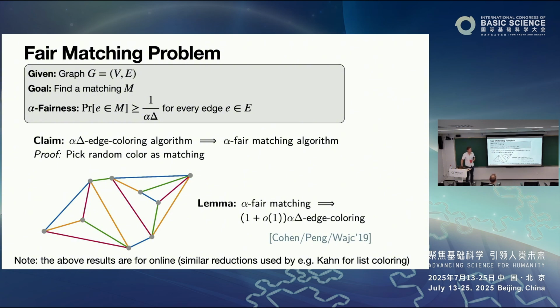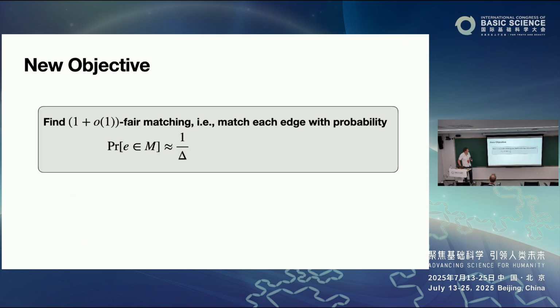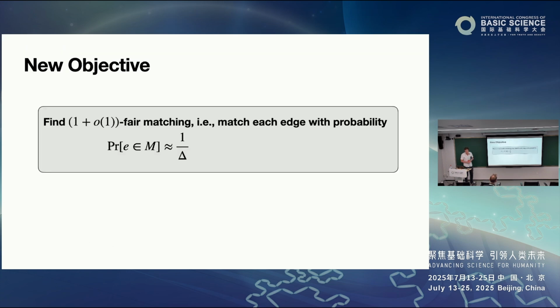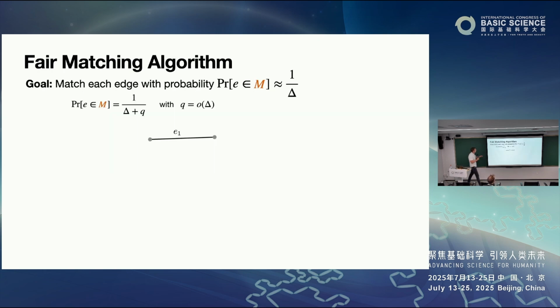No logs. That's important. For now, let's just be happy with this. Now we know that our goal in life is to find an algorithm for finding a matching so that every edge is taken with roughly probability 1 over delta. That's the fair matching problem. More specifically, match each edge with probability 1 over delta plus q, with some small q.